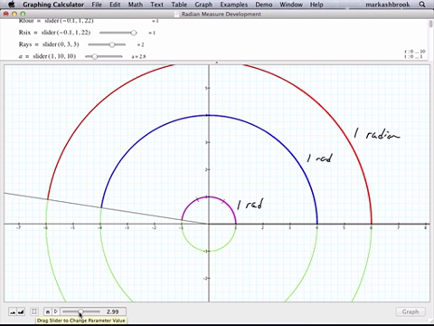Okay, so each one of these marks is marking off one radius length, that's a second radius length. So what am I showing you by this angle? 3 radians, right? This is 3.